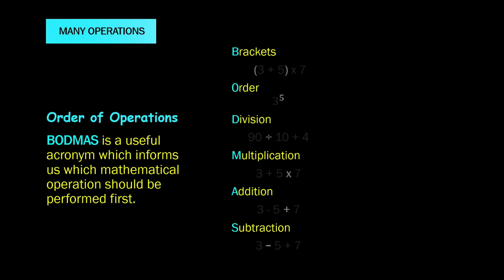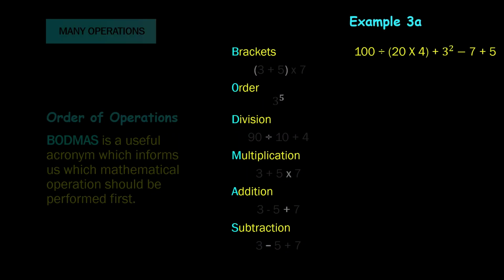Let's take a look at an example. Consider the one shown on your screen. Carry out the operations within brackets first. 20 times 4 is equal to 80.